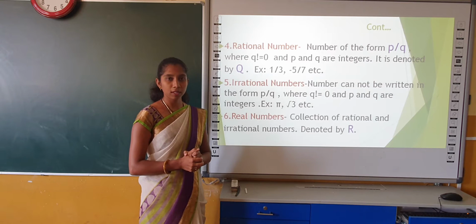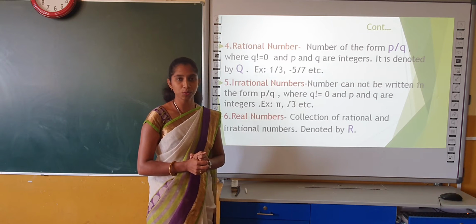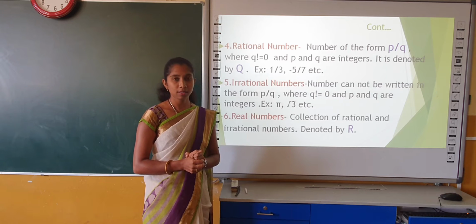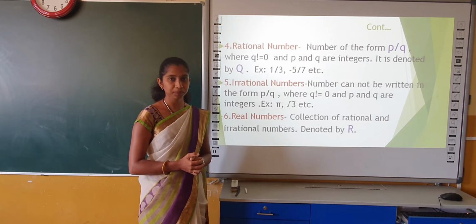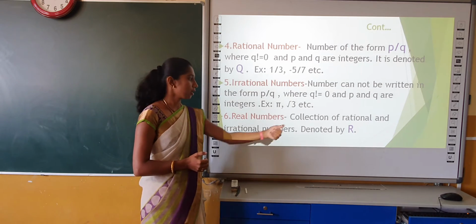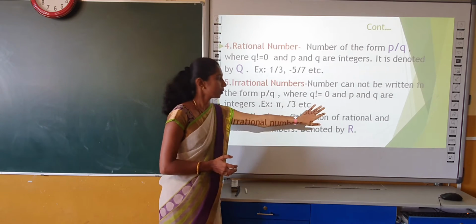For example, 1 by 2, minus square root 3, pi, these all come under the group of real numbers. These real numbers are denoted by capital R.